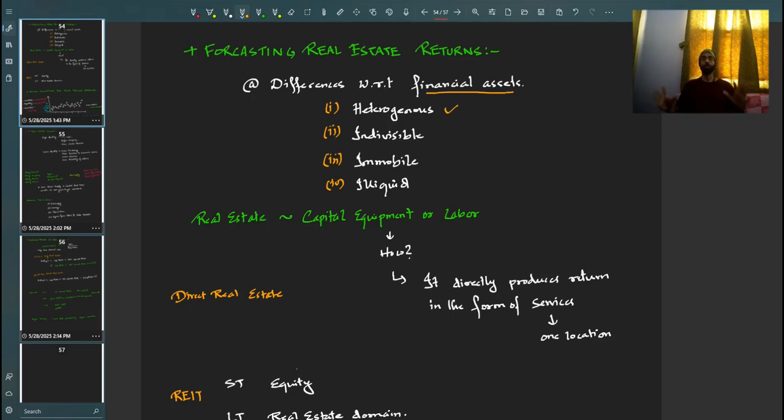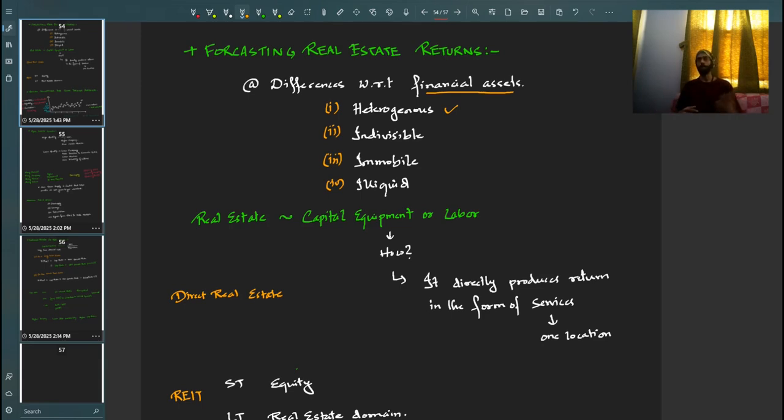Each of them behaves very differently financially, in terms of leverage availability, liquidity, return calculations, investment calculations, everything. So they are very, very heterogeneous.